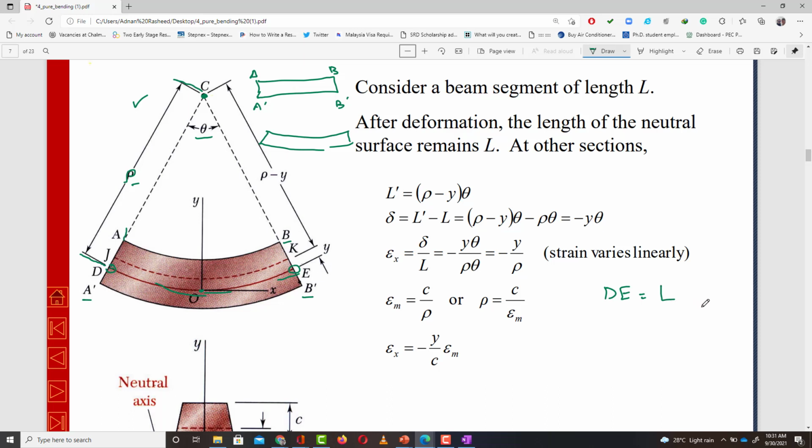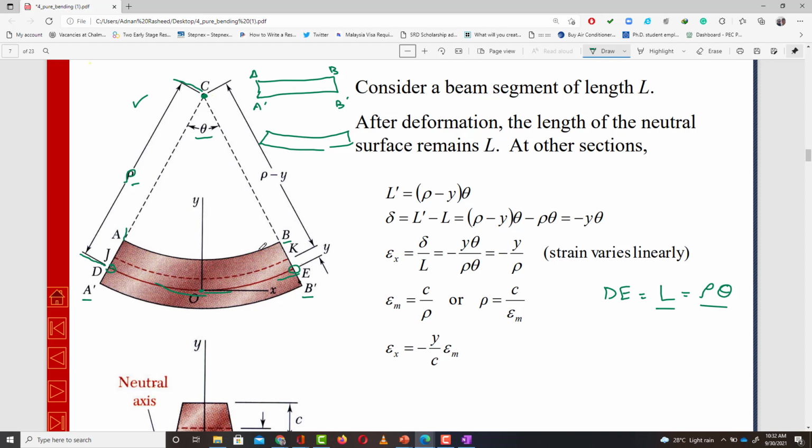So DE is equal to L. As DE is an arc, DE is equal to L and it will be equal to rho into theta. This is the original length of the beam, or the original length of the beam is rho theta.